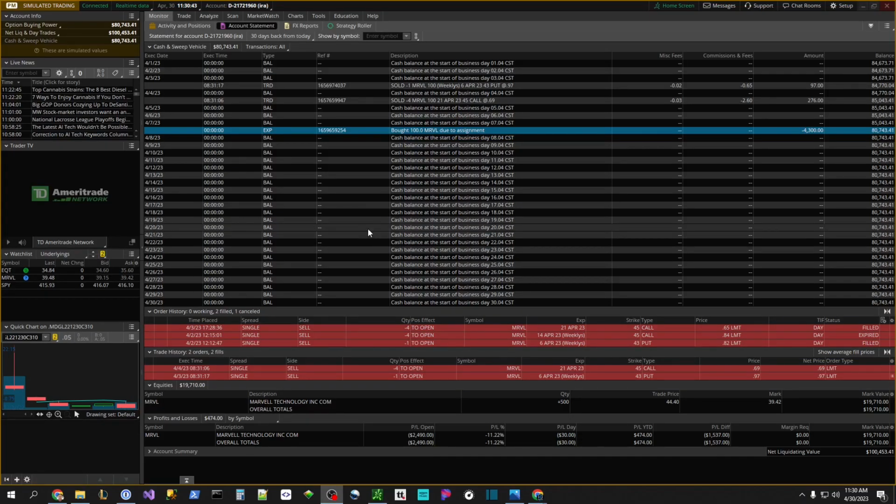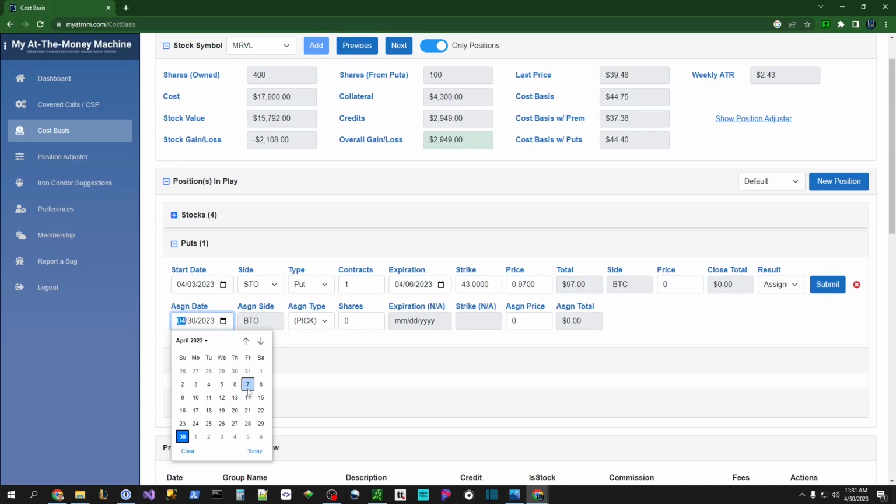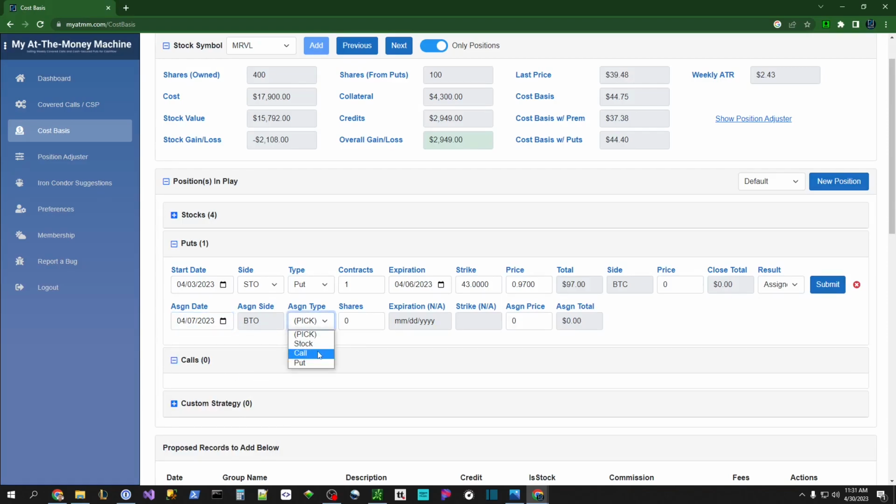Back on the Ameritrade screen, we were assigned on April 7th, so that's what we want to log in the web application. On the web application, for the assignment date, we'll select the 7th. It was a stock assignment, 100 shares, and the assignment price was 43 because that was the contract strike price.